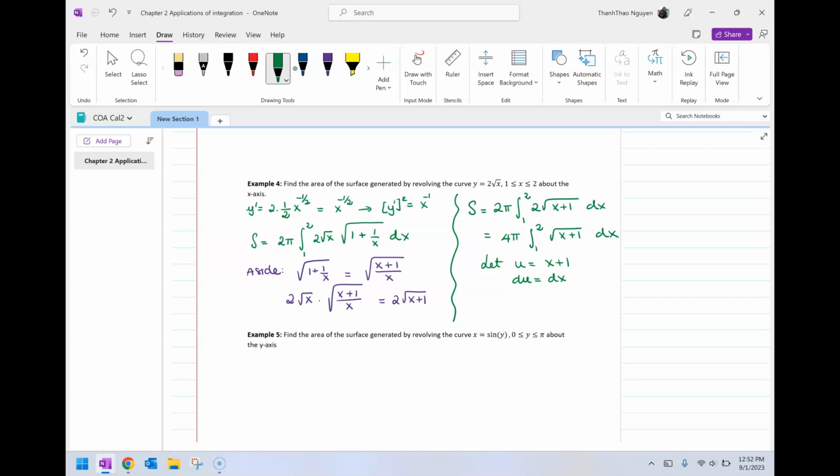We have to change the upper and lower limits. So the surface area equals 4 pi times the integral from 2 to 3 of square root of u du, and this equals 8 pi over 3 times (3 root 3 minus 2 root 2).